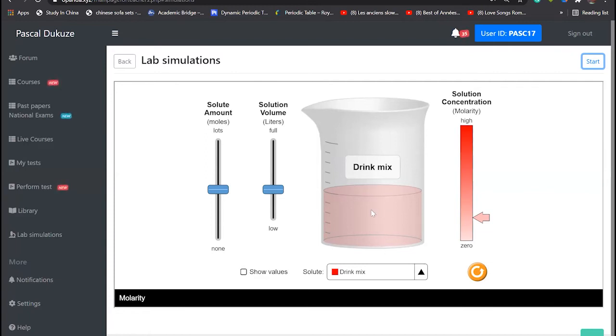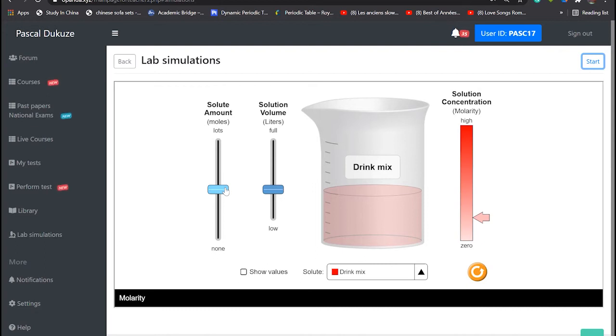It contains a given solution. Here we have some buttons we can use to increase the solution's volume or change the amount of solute. The volume of our solution will be in liters and the amount of solute will be in moles.